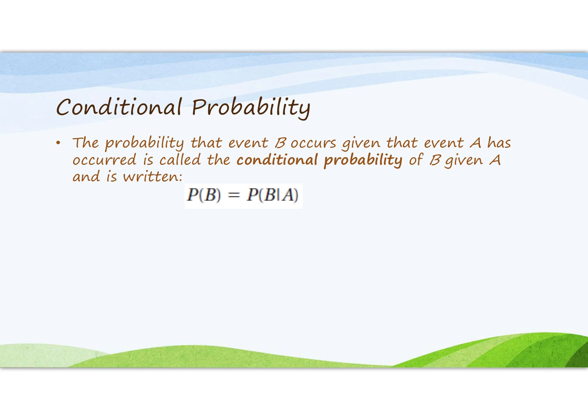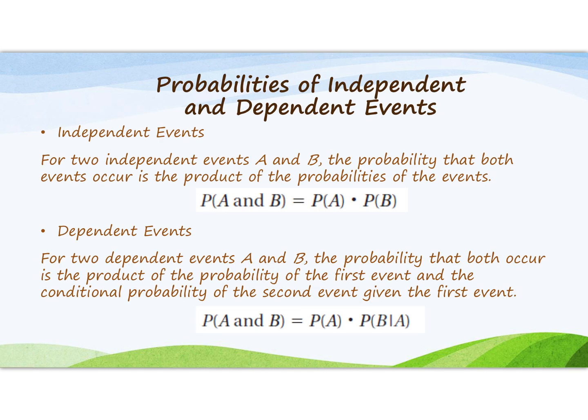When I know something is dependent and I want to know what's the probability of event B happening after event A already happened, I write it like this: the probability of B given A. Now, if two events are independent, event A and event B, and I want to know the probability that both of these events will occur, it's basically a product. It's the probability of A times the probability of B, because again, they're independent, one has nothing to do with the other.